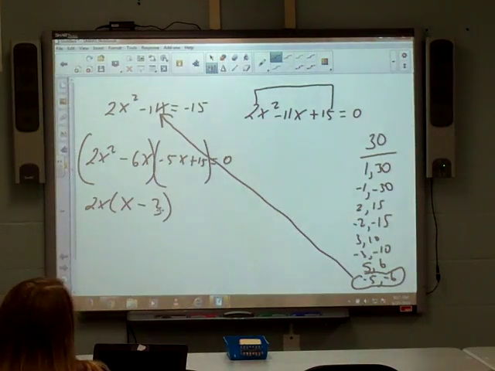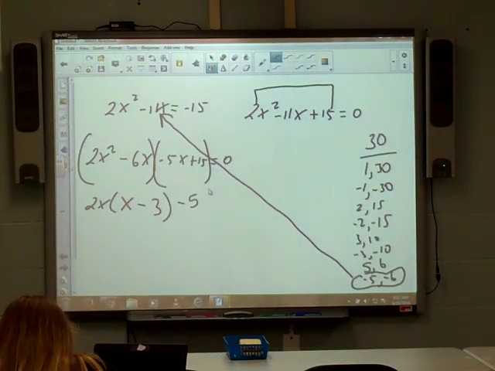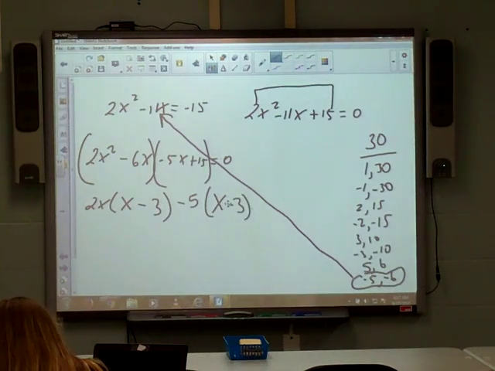They both don't have an x, so it's not x, but the 5 is right, but it needs to be a what, Macy? A negative 5. Here's why. If I divide that by negative 5, negative 5x divided by negative 5, negative by negative is a positive, leaves me with a positive x, and that's what I had over here. 15 divided by negative 5 is a negative 3.